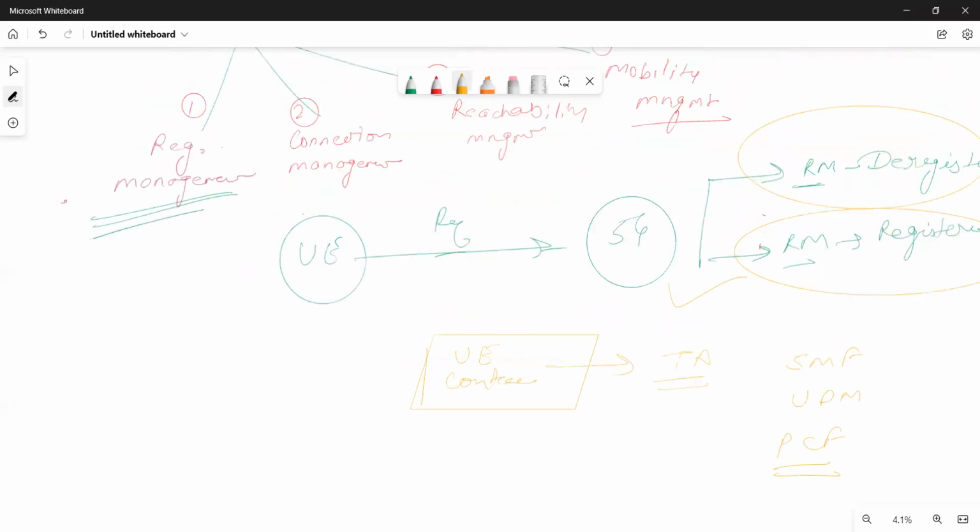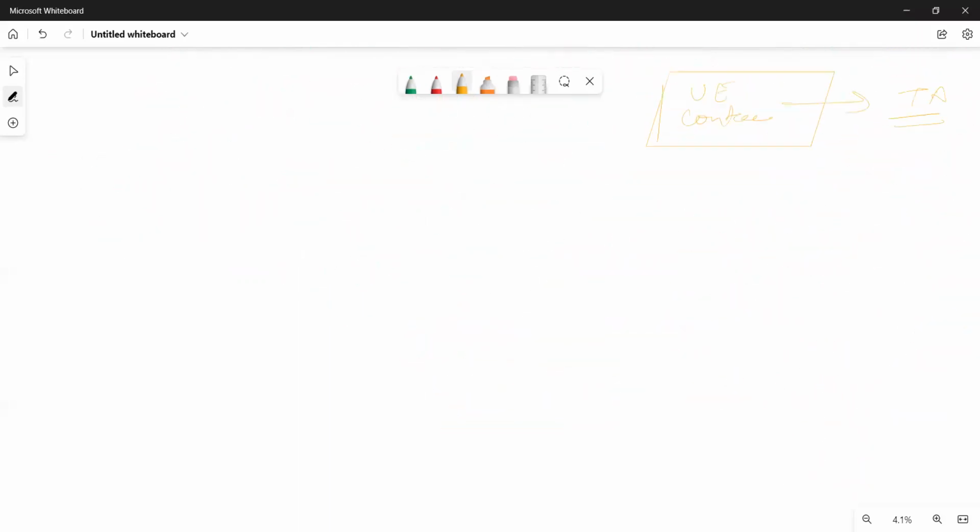So this is about registration management. Now we are going to discuss the second thing, that is your connection management. तो connection management basically क्यों यूज करते हैं हम? इसका यूज किया जाता है एस्टैब्लिश और रिलीज करने के लिए कंट्रोल प्लेन सिग्नलिंग, आपके यूई और AMF के बीच में, राइट? और हमको पता है यूई और AMF के बीच में N1 इंटरफेस होता है, राइट?